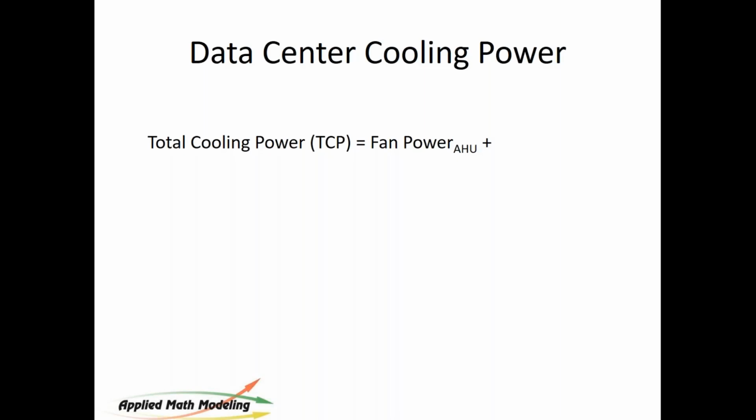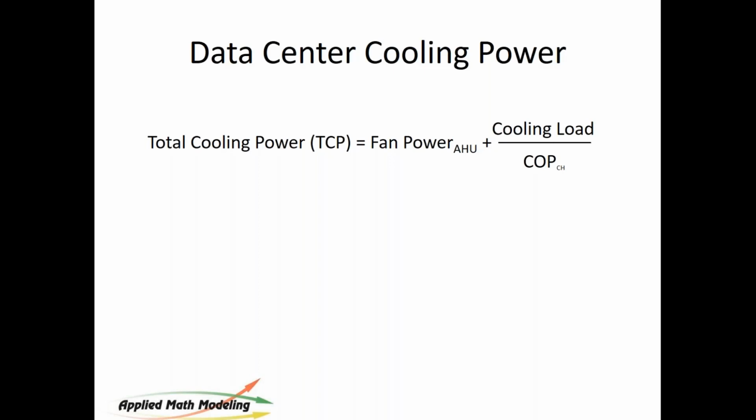And so you need that fan air handler power plus the power required to dump all that heat out. So this is the cooling load up here, is all the stuff in the room, everything that needs to be dumped out or pumped out by the heat rejection system.